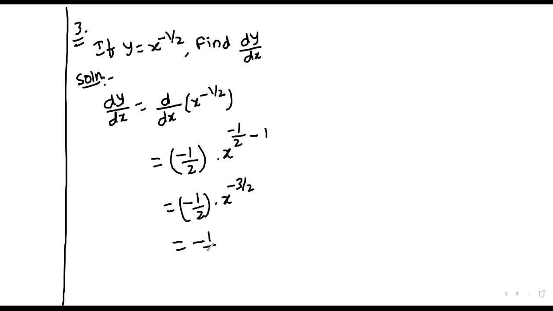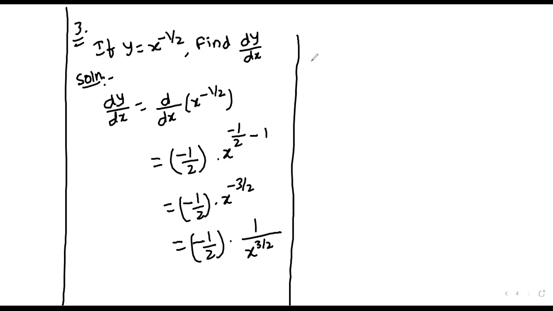So minus 1 by 2, x power minus 3 by 2, I'll write as 1 by x power 3 by 2. That is nothing but minus 1 by 2 times 1 by x power 3 by 2. I can write this as x into x power 1 by 2.